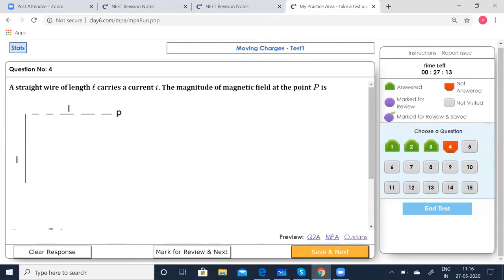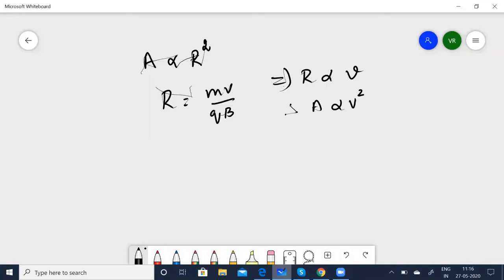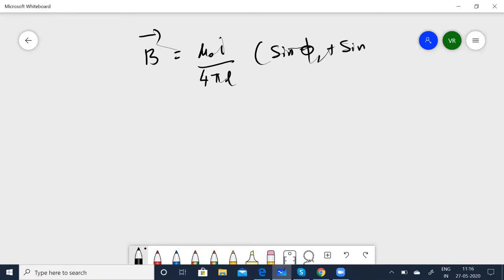A straight wire of length L carries a current I. The magnitude of magnetic field at the point P is what? You can see the point P there. Now let us quickly calculate this. You know, B is equal to mu 0 I by 4 pi L into sine phi 1 plus sine phi 2.